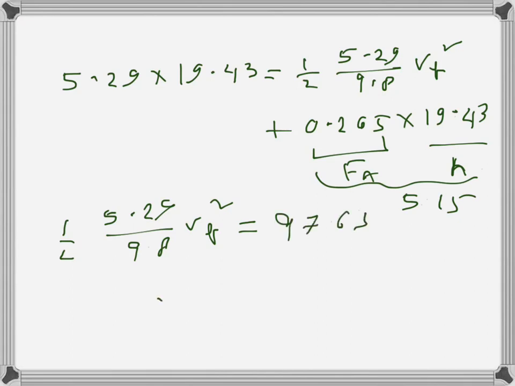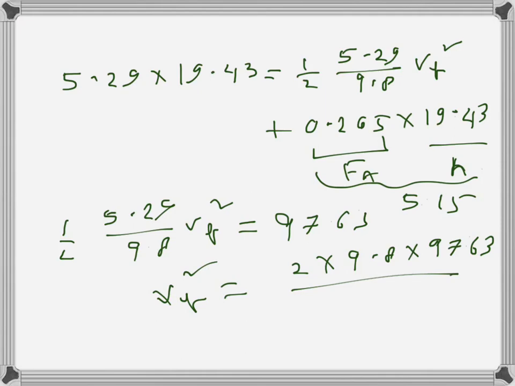So Vf square became 2 into 9.8 into 97.63 divided by 5.29. So Vf would be the square root of that, and what I got there finally is 19 meters per second. So that was the final velocity with which it hits the ground.